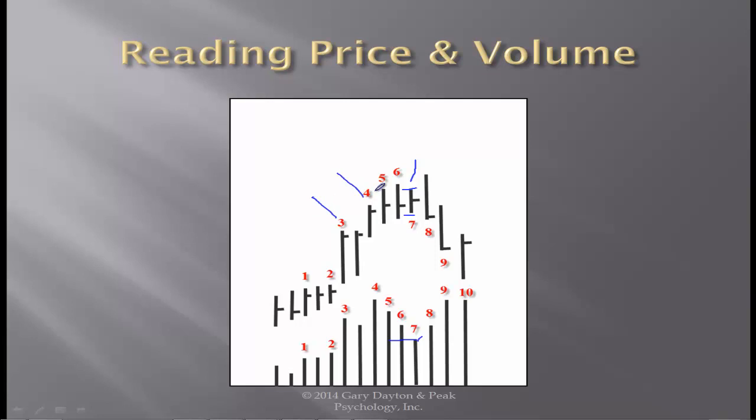They struggled but continued to push at 4. Sellers start to come in at 5 and 6. And now on this bar, buyers are spent. There's just nothing left. And we know that because of the narrow range and the close, which is generally in the same area. We're not making good progress here.